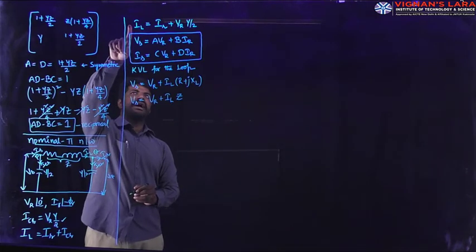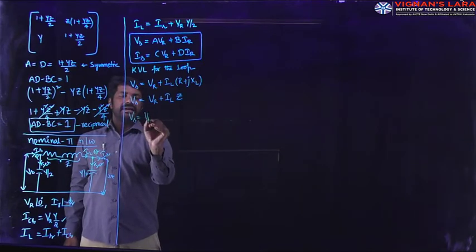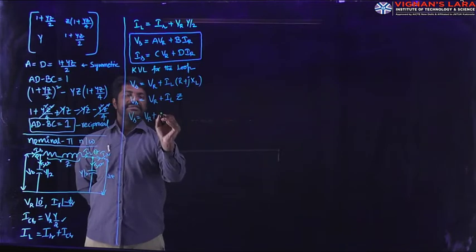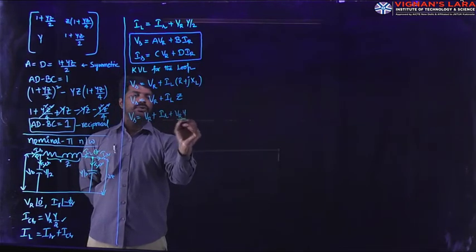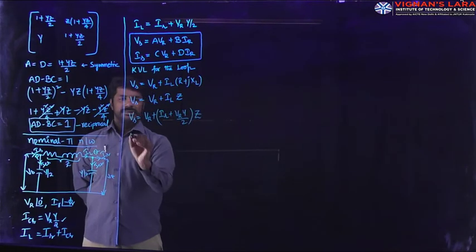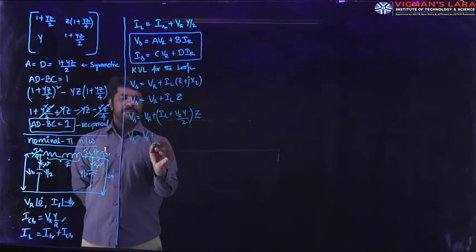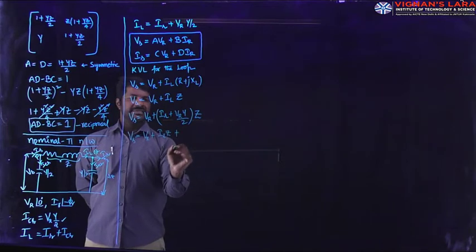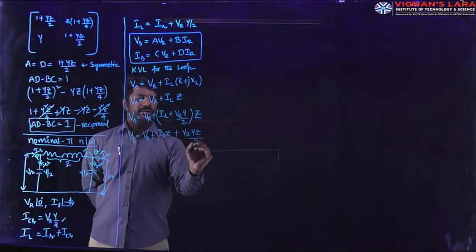I can write Vs as Vr plus, let me substitute the IL value, IR plus VR Y by 2, multiplied by Z. Simplifying further, Vs is equal to Vr plus IR into Z plus Vr into YZ by 2.